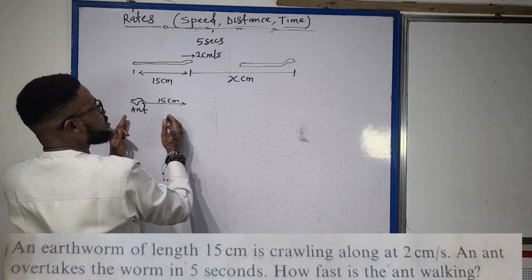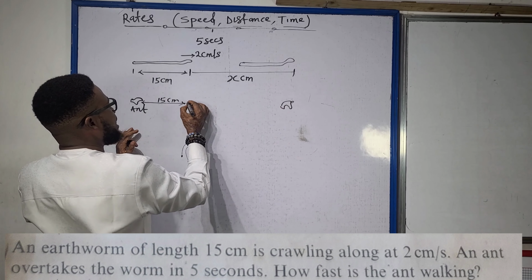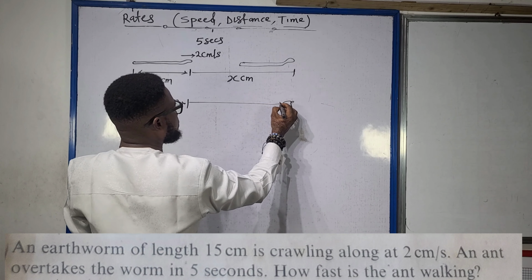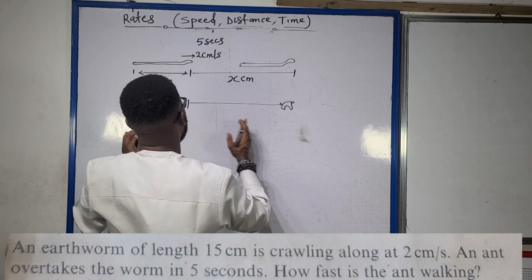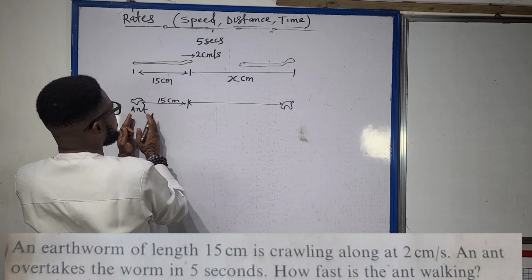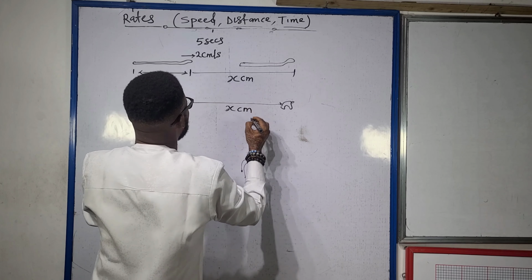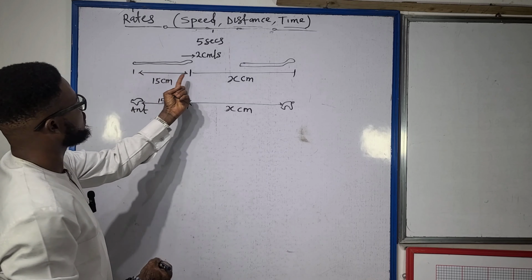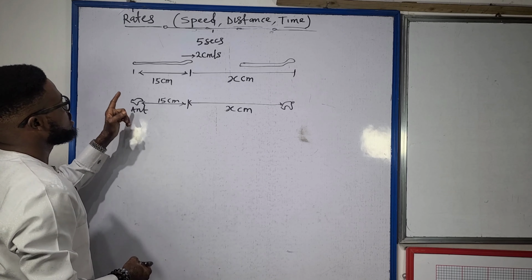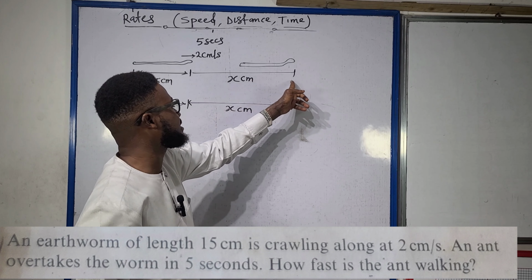So for the ant to now be here, it's just about to overtake the earthworm. For the ant to be here, the ant will have to move 15 centimeters and x centimeters. Look at it very well. The earthworm is just 15 centimeters. After 5 seconds, the earthworm must have moved x centimeters.